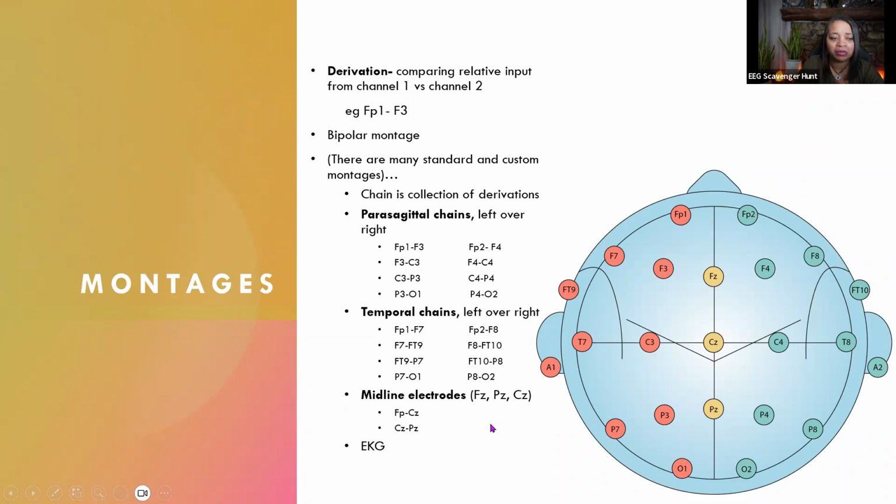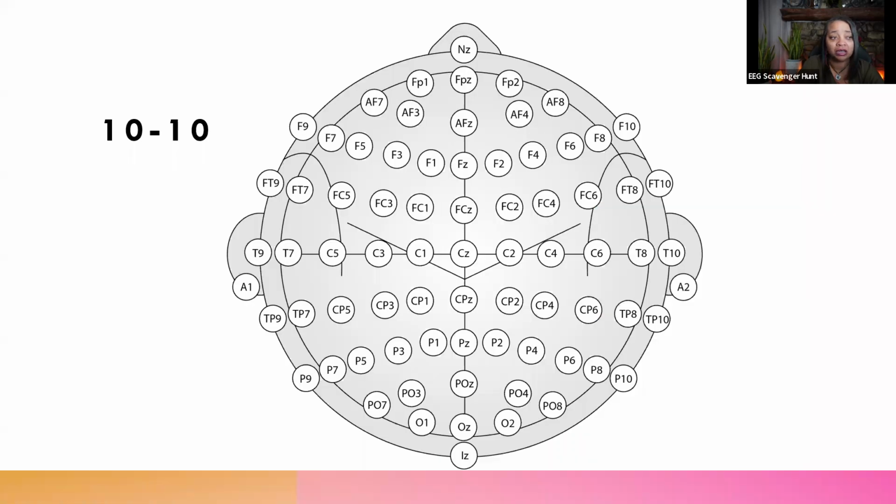And then at the bottom of your EEG, you're going to have an EKG channel, which is going to be EKG input 1 and 2. This is a 10-10 montage, and these electrodes are 10% of those measurements apart from each other. And as you can see, this is just going to give you a lot more detail of various areas.